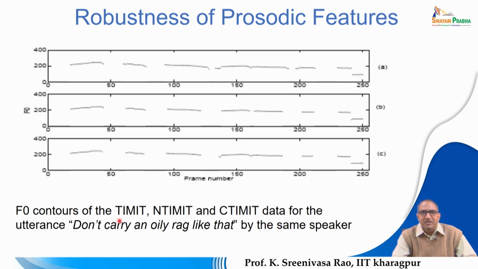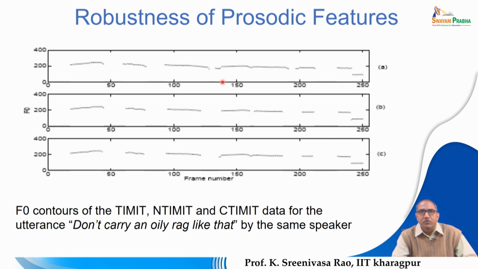So, if you look at all these three, all three of them were uttered by the same speaker, but in different environments. Even though they are uttered in different environments, if you look at the intonation patterns, they are more or less the same. You can see a beginning and then afterwards a lowering. Almost similar patterns are observed in the different environments.